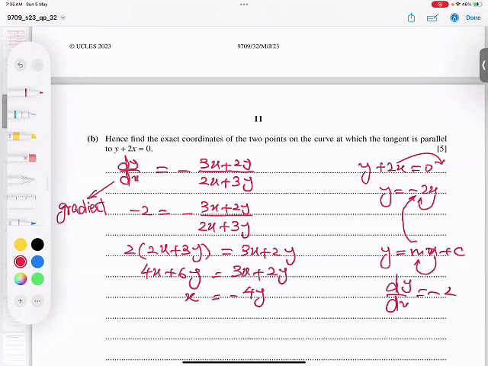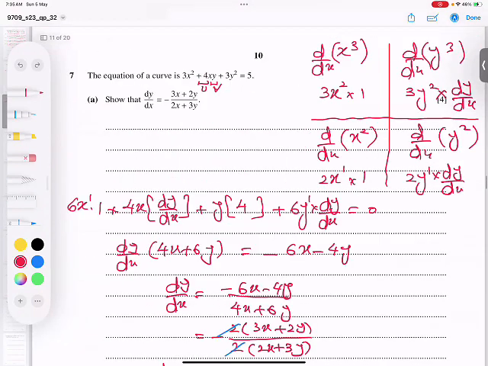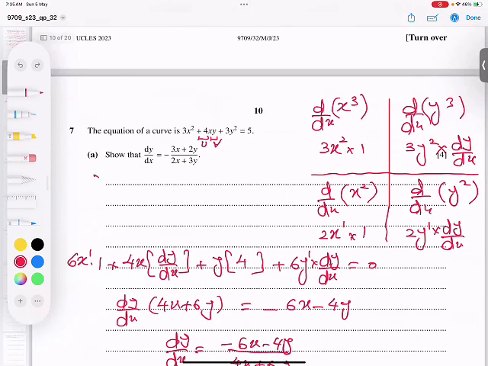Okay students, now what is the next plan? Because we have one connection here, how can we use it? Naturally, we need points. So this value of x, I'm going to plug into the top equation, which is this.